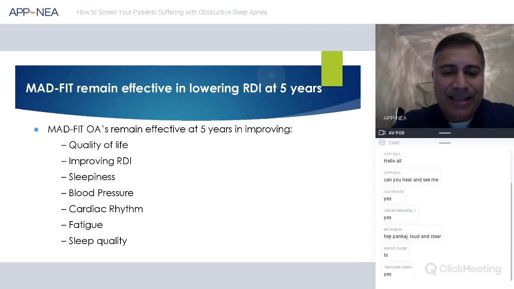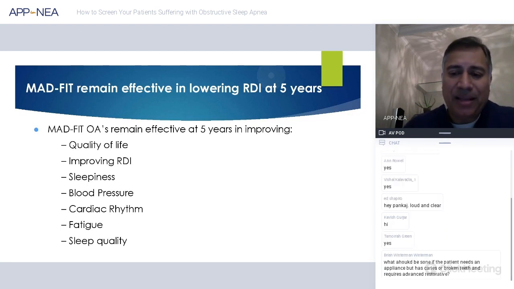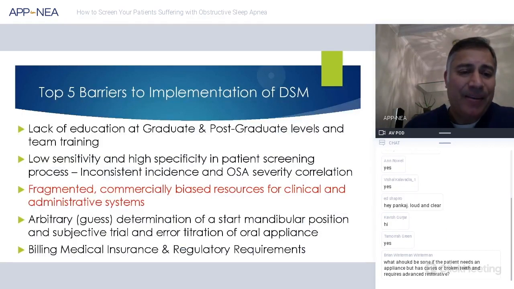So that person who was really resistant to drugs for blood pressure all of a sudden becomes that much more manageable. Fatigue improves, sleep quality improves, and they're just a happier person. So quality of life improvement is the primary goal, but improving their sleep apnea indexes is the ultimate goal for oral appliance therapy, and we should never forget that.